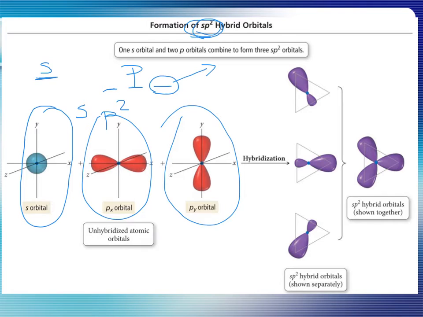So sp2 hybridization gives us trigonal planar geometry. You have 3 orbitals, therefore it will adopt a trigonal planar geometry, with bond angles of 120.